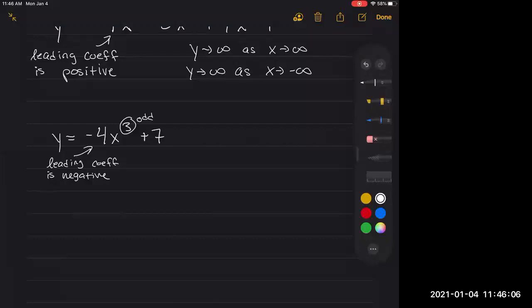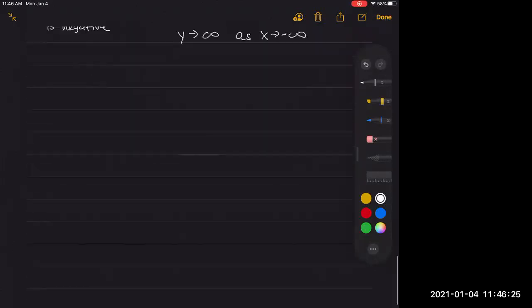So this means that y approaches negative infinity as x approaches infinity, and y approaches positive infinity as x approaches negative infinity. So these are our end behaviors. Now we're going to move on to a different topic, and we're going to focus on the zeros of polynomials.